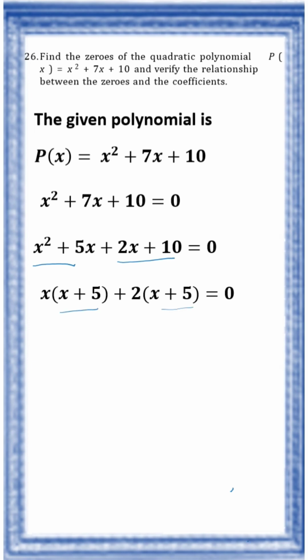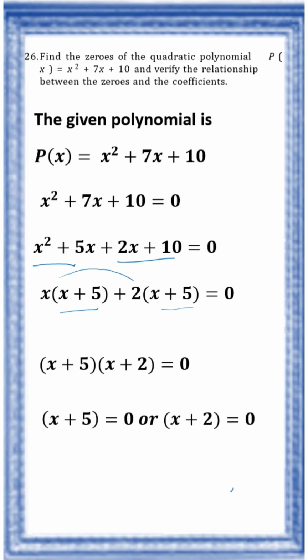Now group x and plus 2. So now we have x plus 5 into x plus 2 is equal to 0. So x plus 5 is equal to 0 or x plus 2 is equal to 0. So x is equal to minus 5 or x is equal to minus 2.